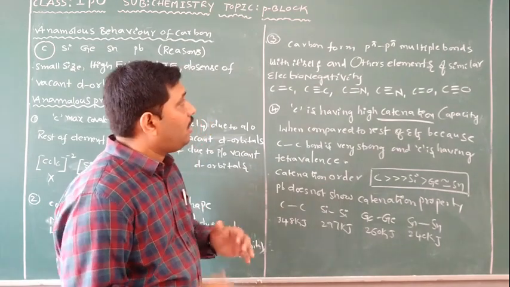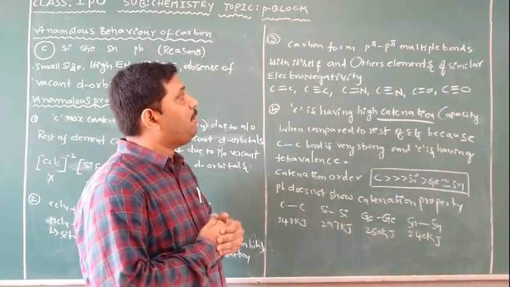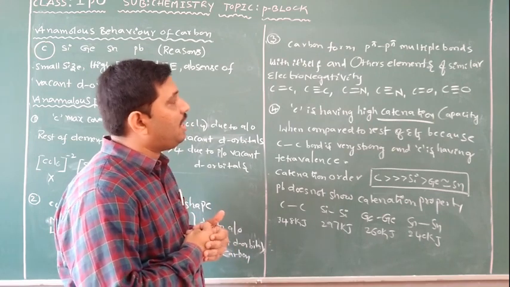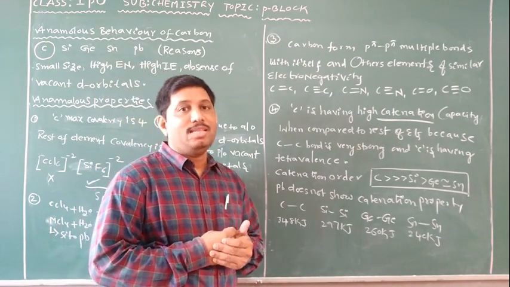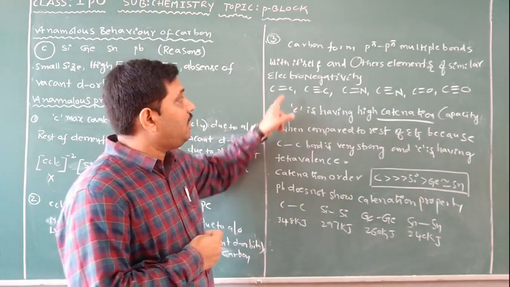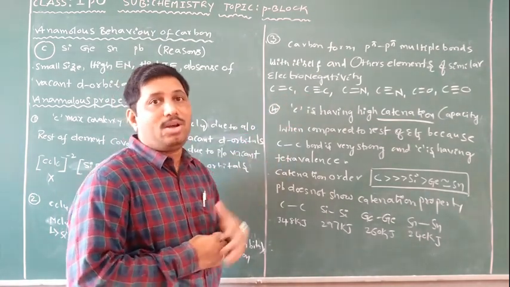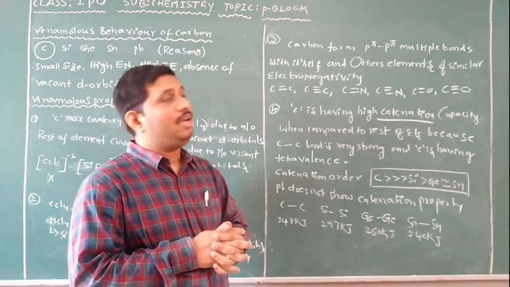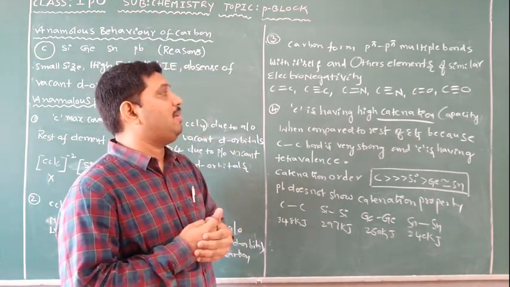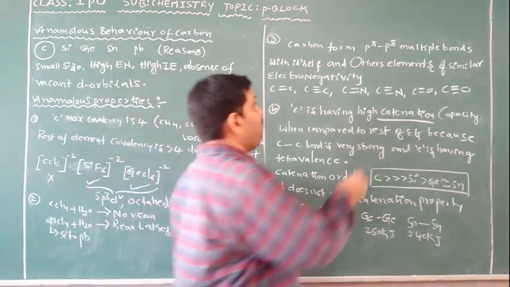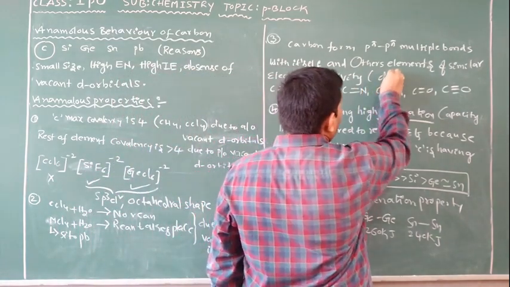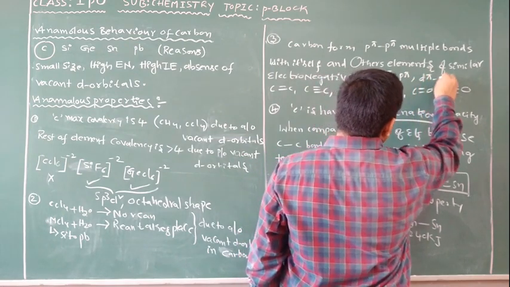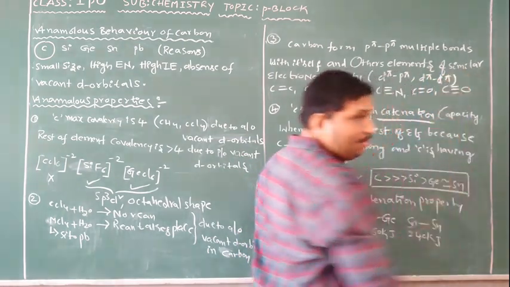Third one, students: carbon can form p-pi p-pi multiple bonds with itself and other elements of similar electronegativity. Because in carbon there is no d orbital, only p-pi multiple bonds are present. Whereas the rest of the elements can form other types of bonding, that is d-pi p-pi bonds as well as d-pi d-pi bonds.